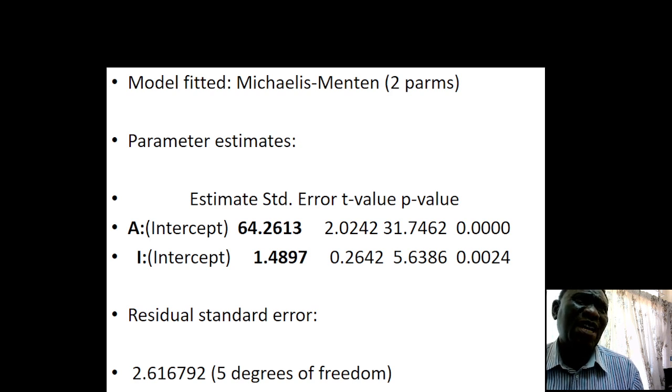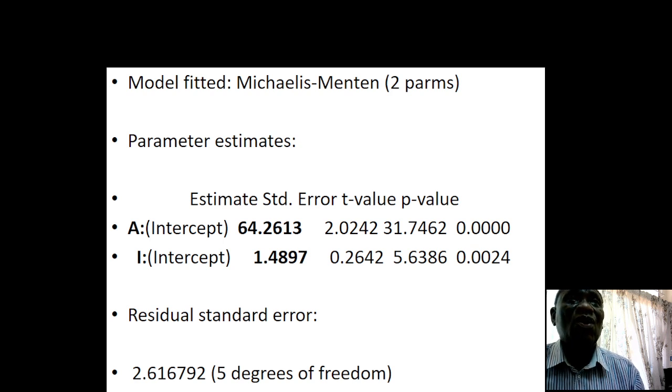Tithonia rotundifolia caused the maximum yield loss in maize, which was 64%, or 64.3, which is A. The slope, or the rate of loss, was 1.48 according to that graph.